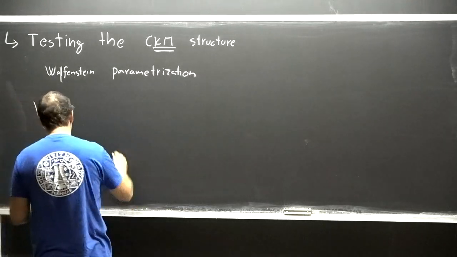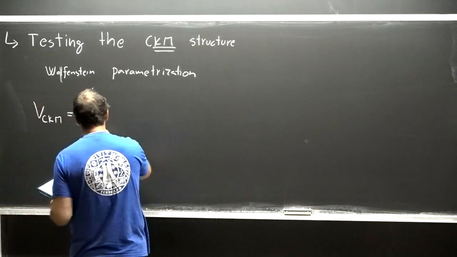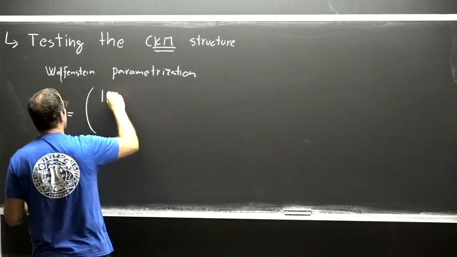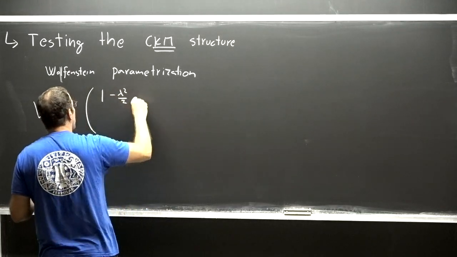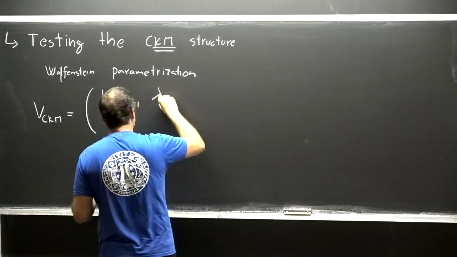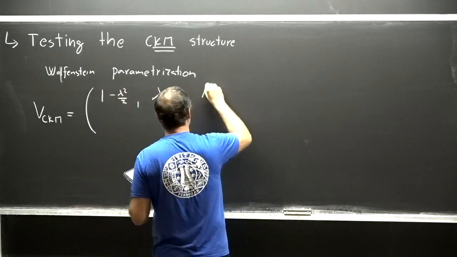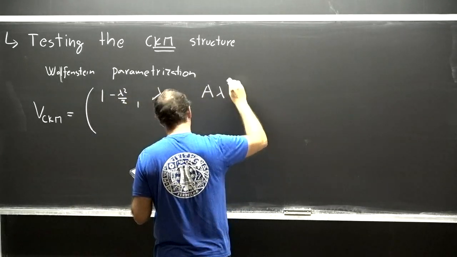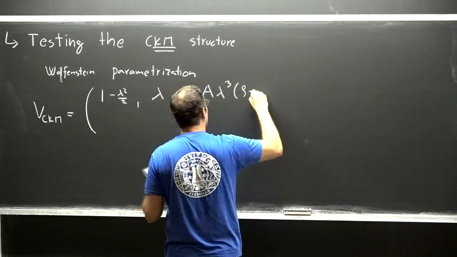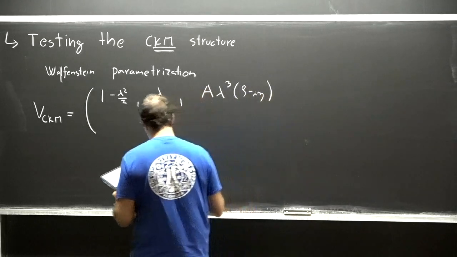It takes the hierarchical structure of the CKM matrix and introduces parameters that are supposed to be order 1 or so.